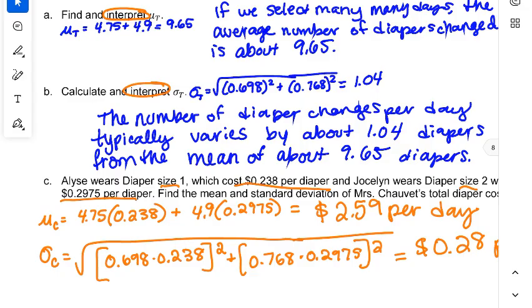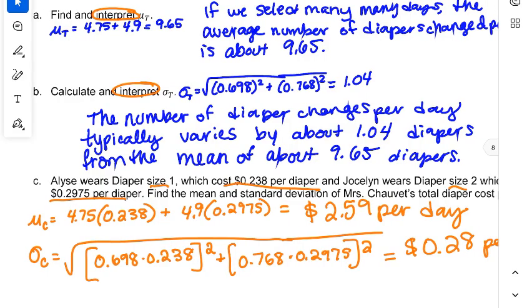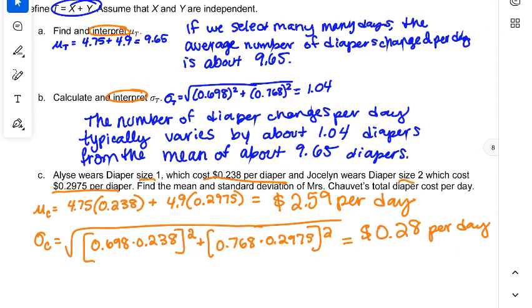It's a lot of money. And then our standard deviation, you would do the same thing. I did it all in one equation: the square root of standard deviation times the price squared plus standard deviation times the price squared, which comes out to 28 cents per day as our standard deviation.